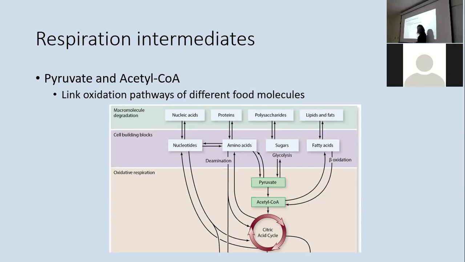Same thing with proteins. Either we can turn them into pyruvate or we can send them onto the citric acid cycle. The idea being that your body can turn anything you eat either into pyruvate or acetyl-CoA and feed it into the process. It's how all of your food comes into this metabolic process. It links everything up with all of these different food molecules that we eat.